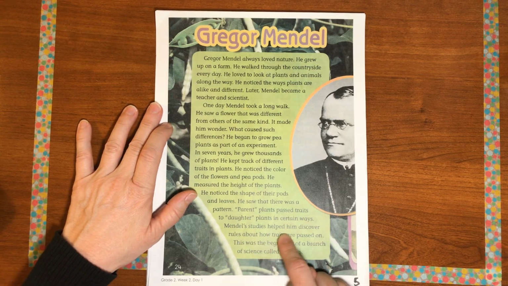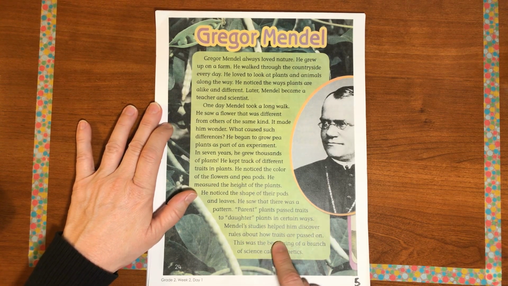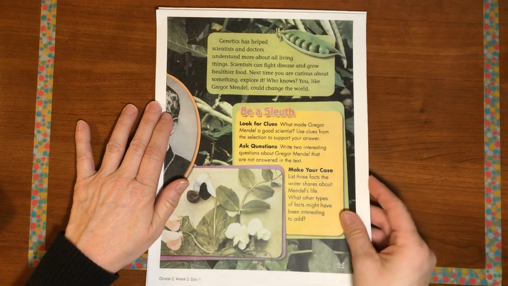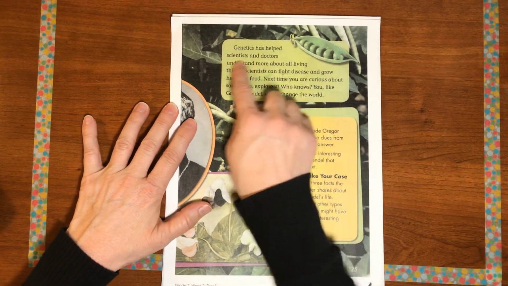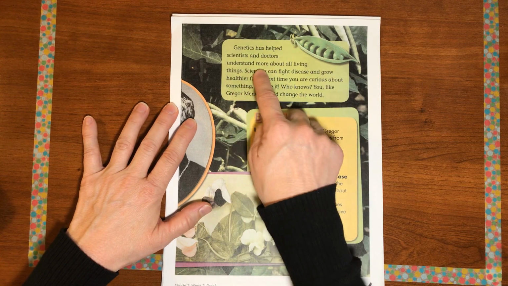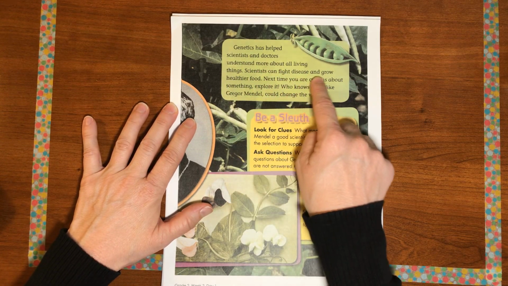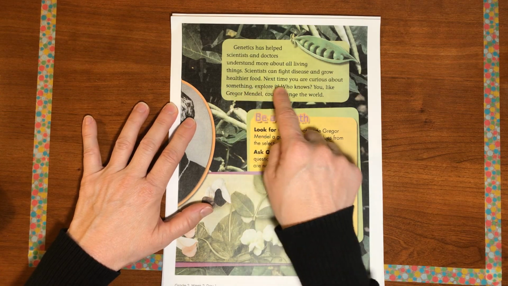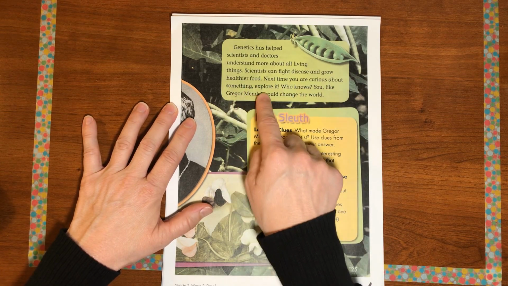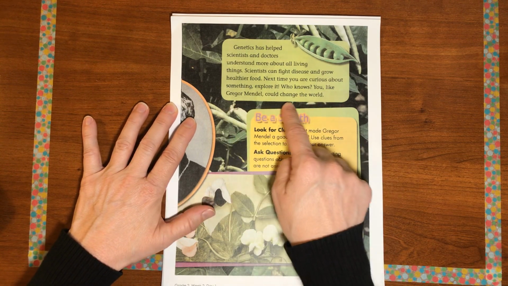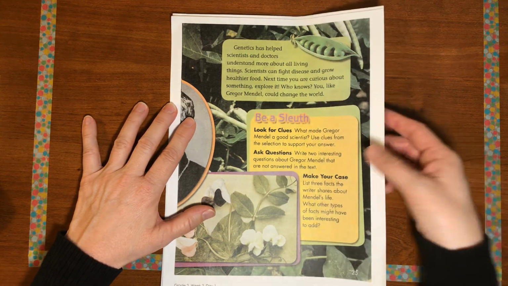Mendel's studies helped him discover rules about how traits are passed on. This was the beginning of a branch of science called genetics. Genetics has helped scientists and doctors understand more about all living things. Scientists can fight disease and grow healthier food. Next time you are curious about something, explore it. Who knows, you, like Gregor Mendel, could change the world.